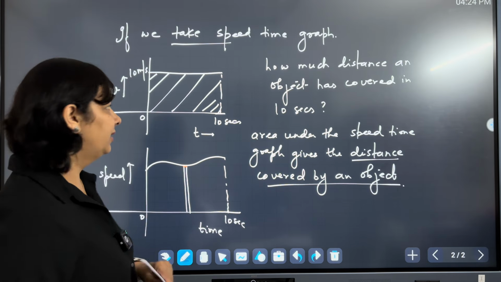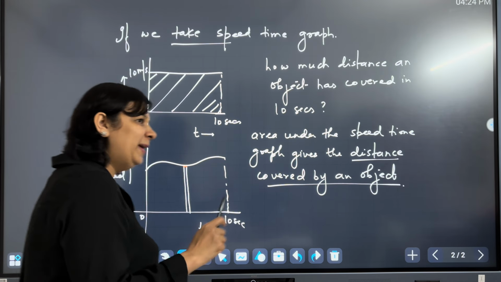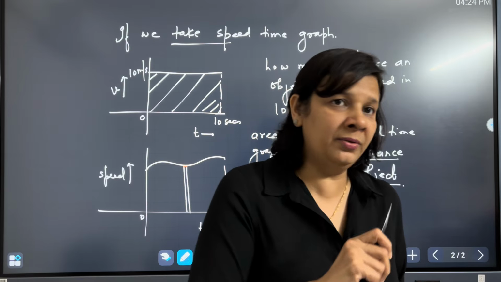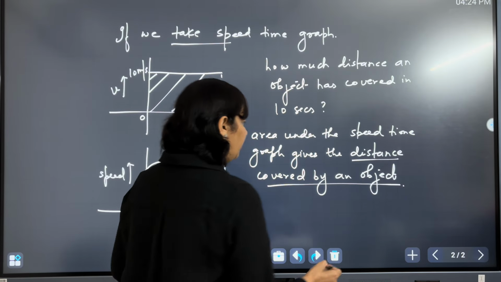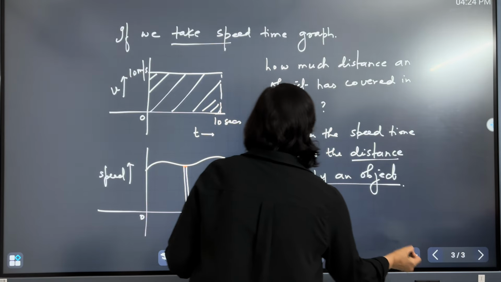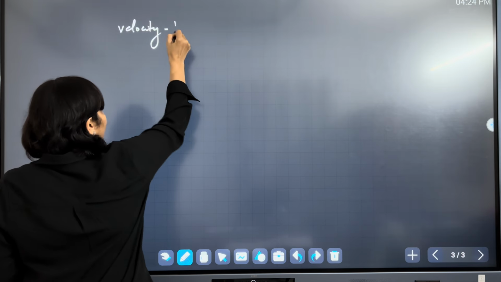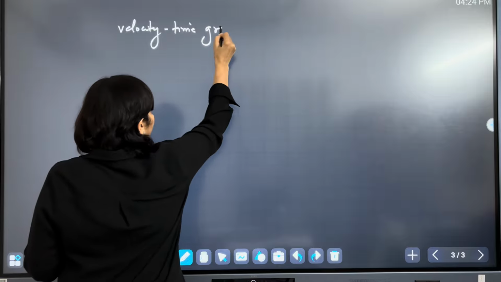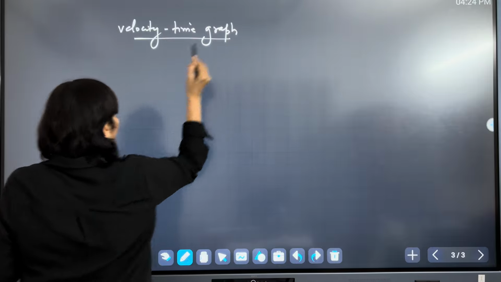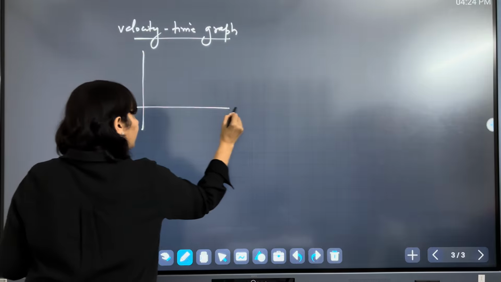Similarly, this is an important lesson to be learned. Now, for example, instead of a speed-time graph, I have a velocity-time graph. Then what do you calculate? Velocity-time graph.